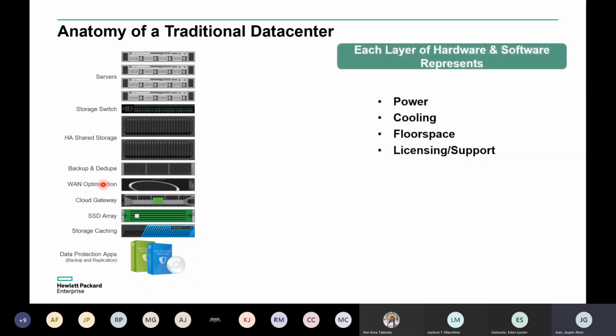Mainly, all of them represent cost: from powering those servers and appliances, cooling them, the floor space they consume in our data center, plus the licensing needed for each and every appliance to do its functionality, as well as the support needed for maintenance agreements. All of those add to cost. So each layer of the traditional data center represents cost.